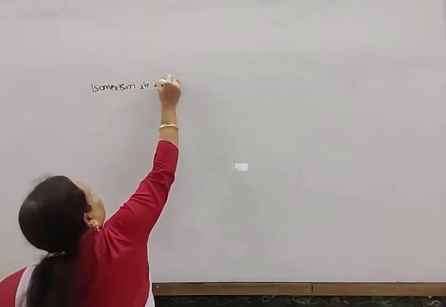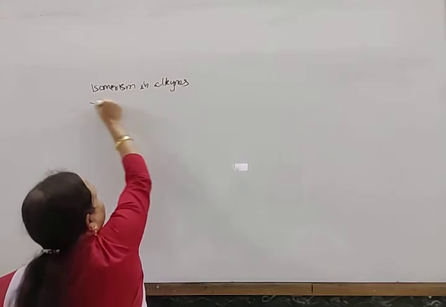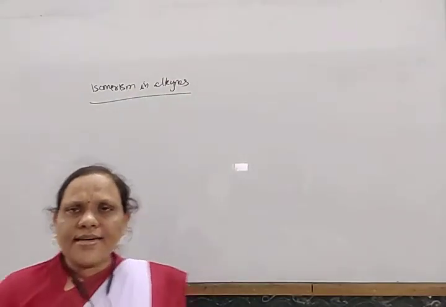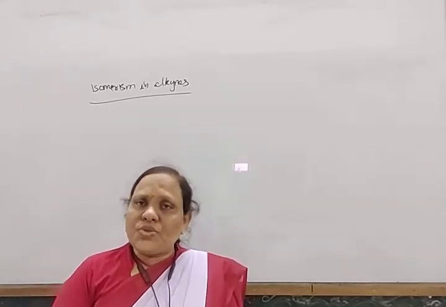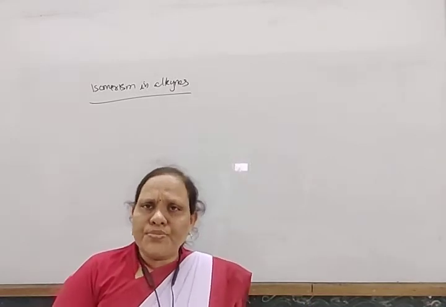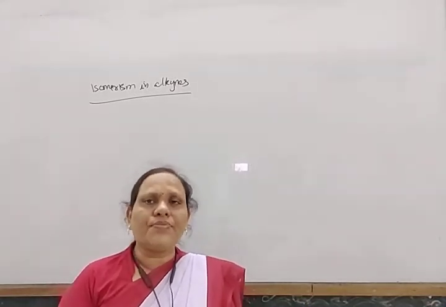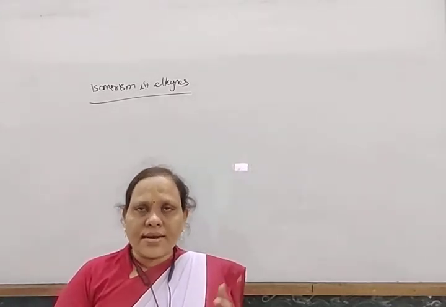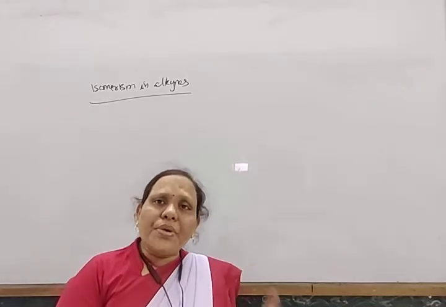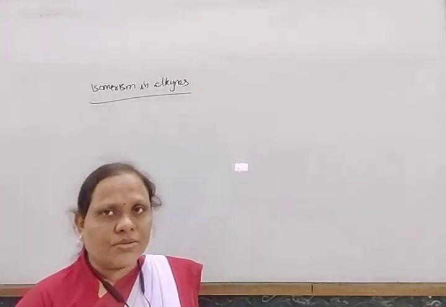Next come to isomerism in alkynes. Alkynes generally exhibit chain isomerism, position isomerism, and in some cases functional isomerism and ring-chain isomerism. But due to their linear structure, these alkynes do not exhibit geometrical isomerism, that is cis-trans isomerism.